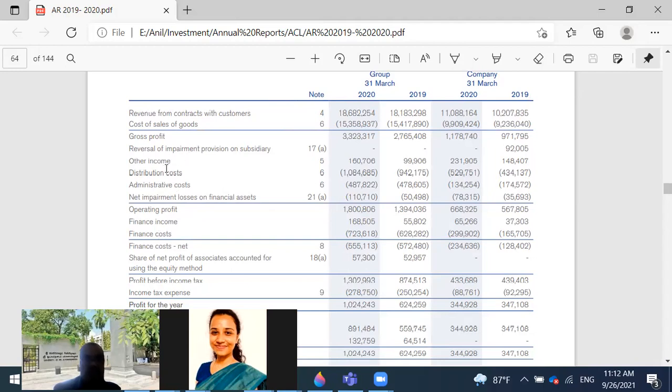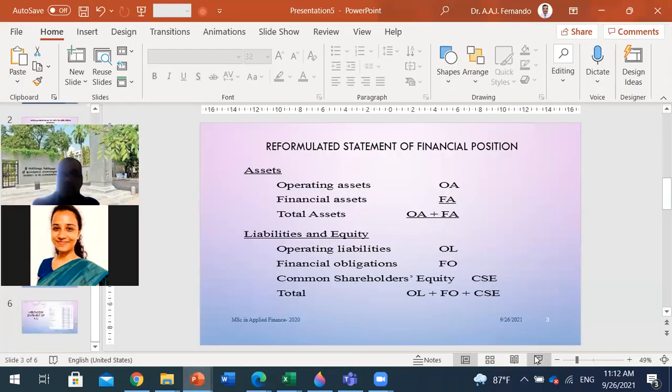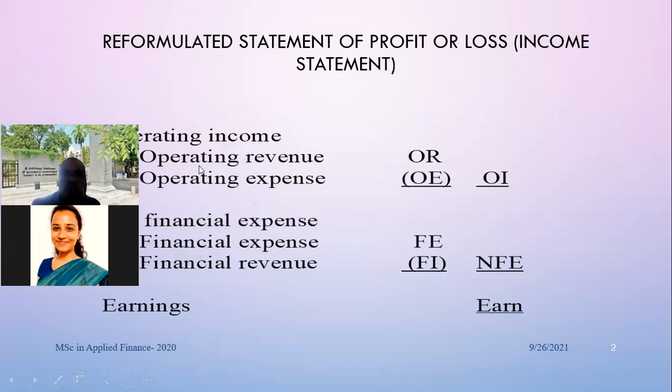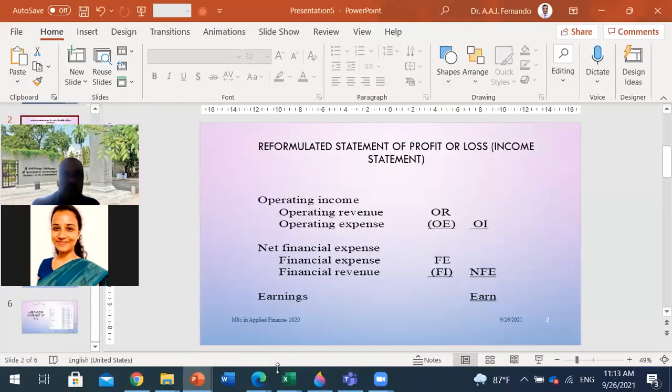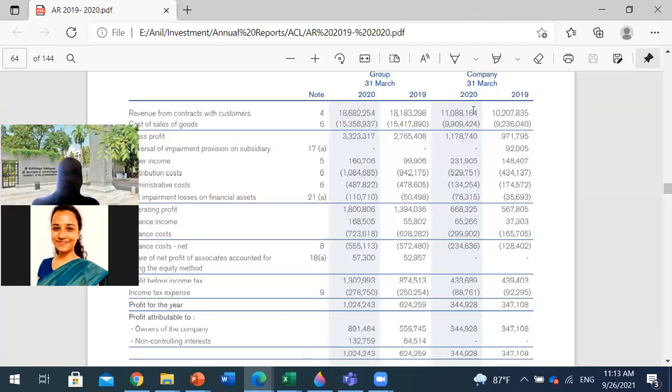For our analysis purposes, we do not pay much attention at the initial stage to these individual items. We categorize them into operating and non-operating or financial items. That is how we do this. Operating revenue and operating expenses. If you look at this, operating revenue, we look at the company figures, not the group.